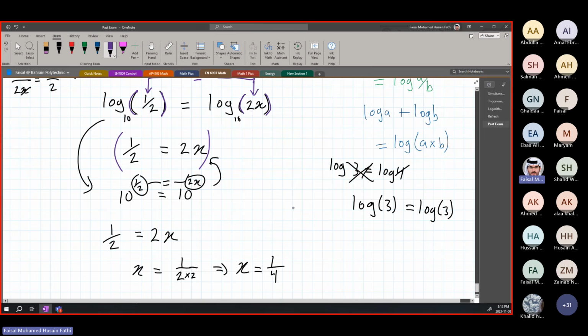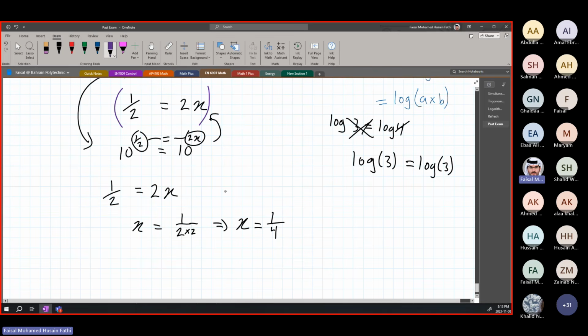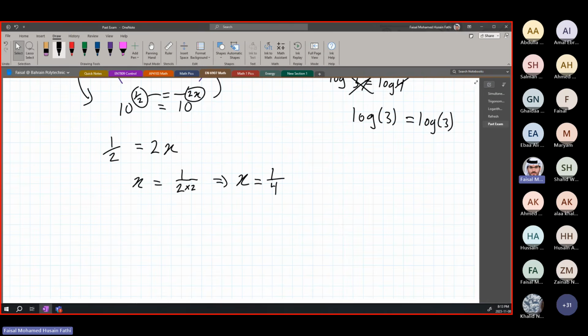Then that's it. You divide both sides by 2 to solve for x, and then x is equal to 1 over 4. I will show you the division. So 2x is equal to 1 over 2. Divide both sides by 2. When you divide by 2 it cancels out here.